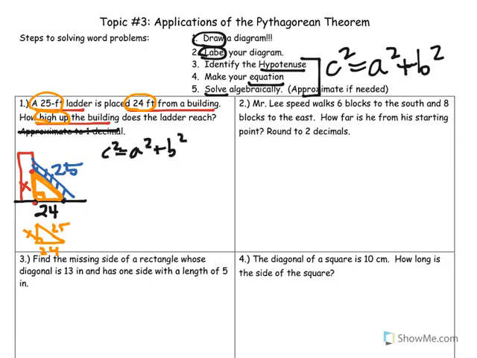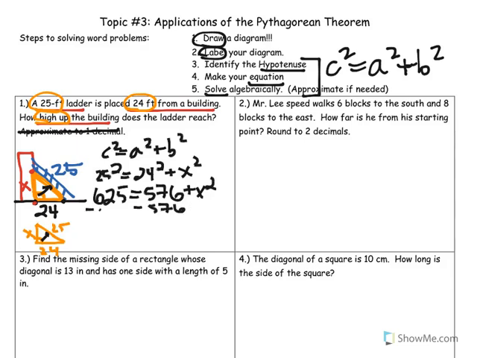C is the hypotenuse, that is 25, so 25 squared equals 24 squared plus x squared, and since you guys already know the Pythagorean theorem now, you could solve this from here, so let's go through the steps quickly. You should get 625 equals, I think it's 576 plus x squared. Hopefully that's correct. And then subtracting 576, I think you would get 49 equals x squared. Take the square root, and x is 7.